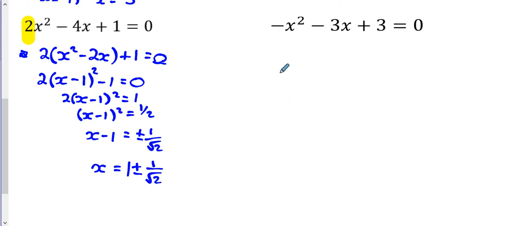Final one, negative. So we need to factorise this negative out first. So we end up with a 3x as the second term. Leaving the 3 alone for now. Completing the square step. Half this term.